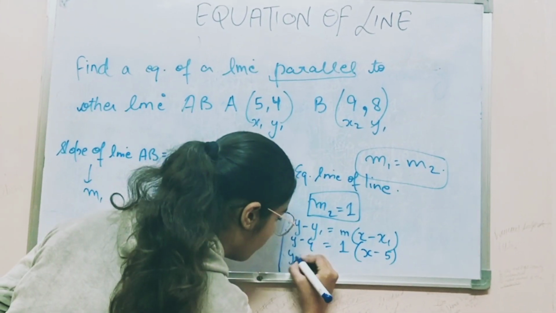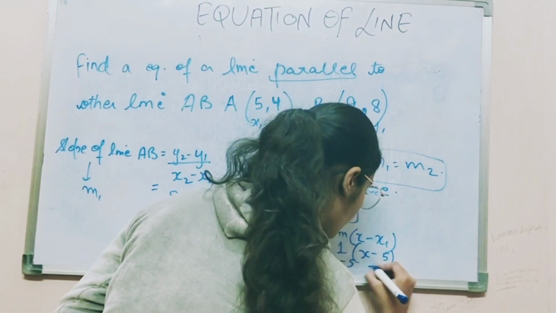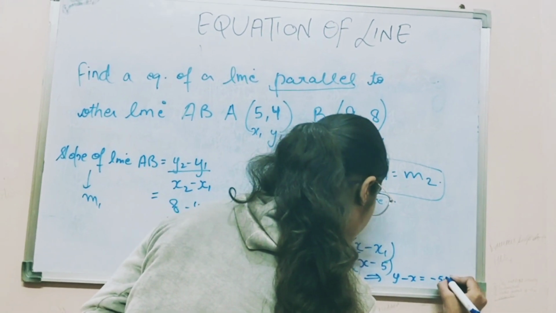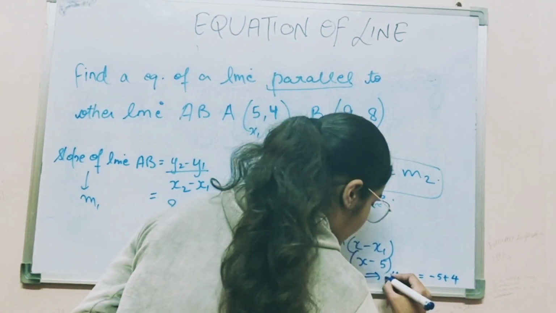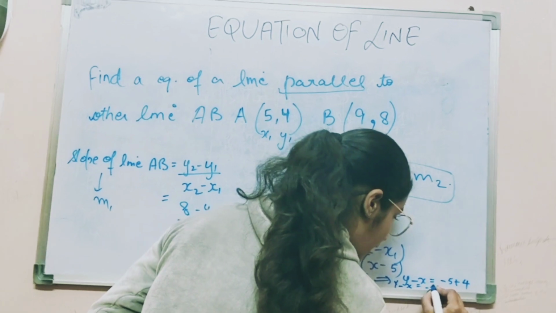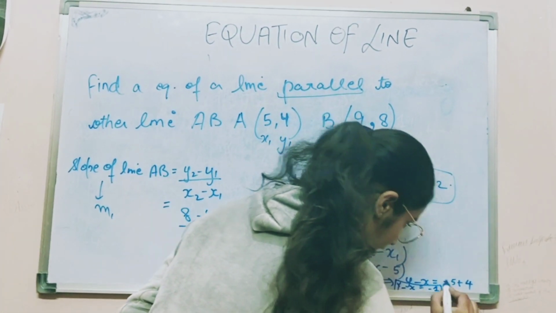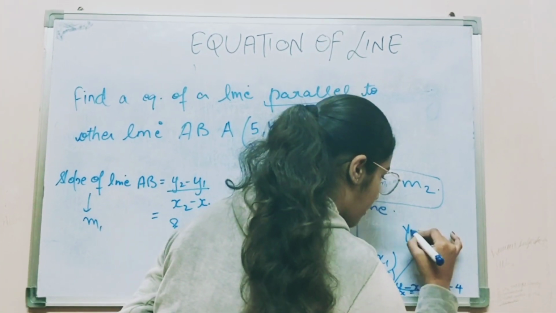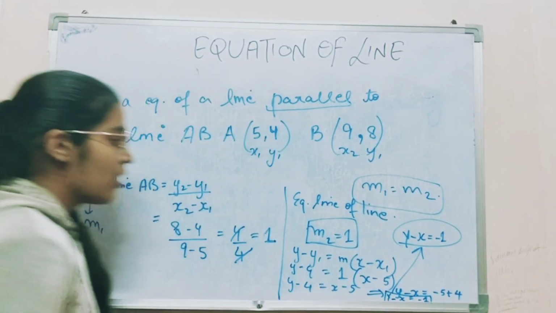So after crossing them out we get the required equation as y minus x equals to minus 5 plus 4. So the equation came out to be y minus x equals to minus 1. Sorry, due to less space I have to write it here. If it's not visible I can write the main answer here. It's y minus x equals to minus 1.